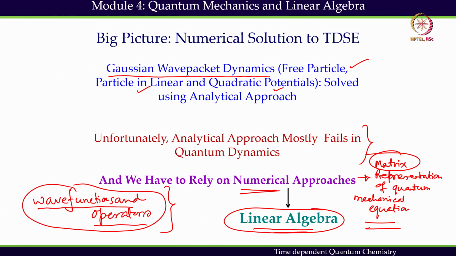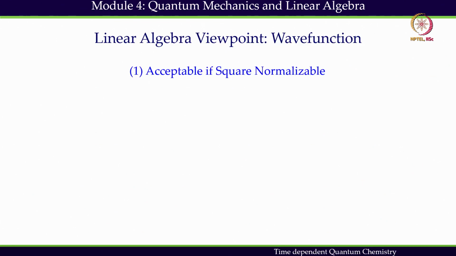We will show that also. What does it mean by grid representation? So, in the end, the discussion in this module will lead us to the place where we will be able to get the numerical solution to the TDSE.